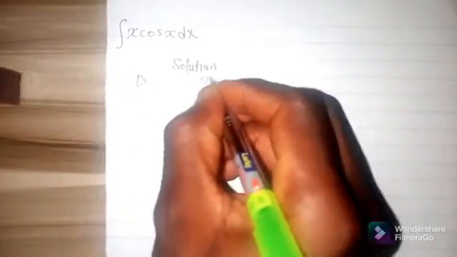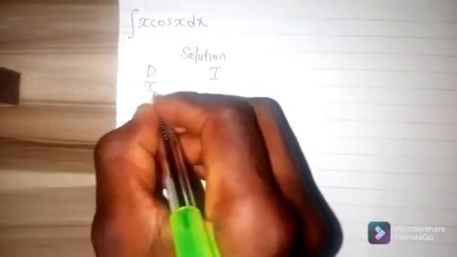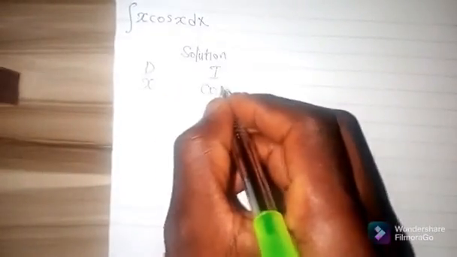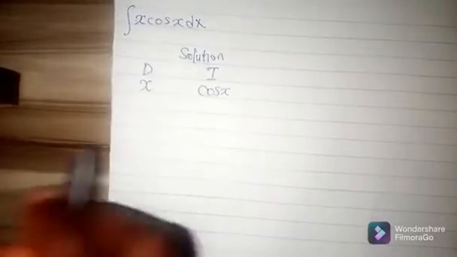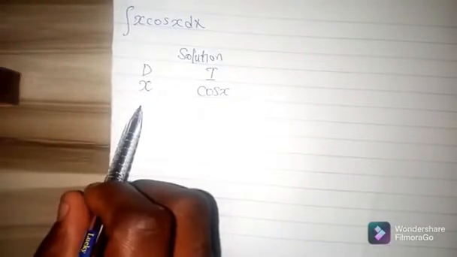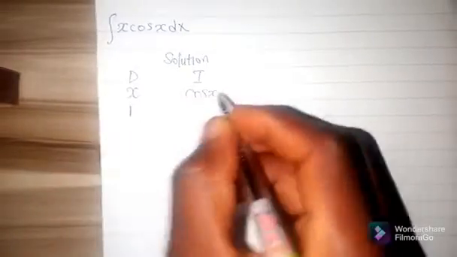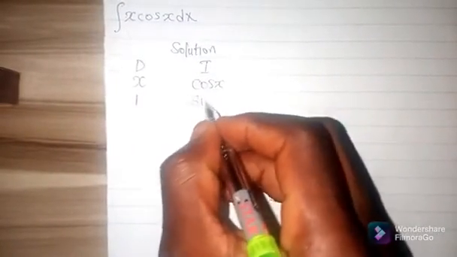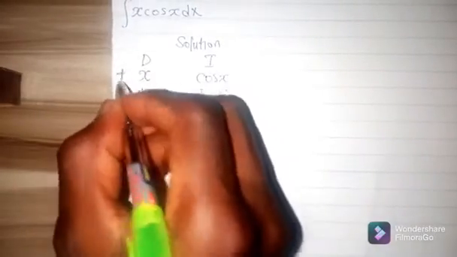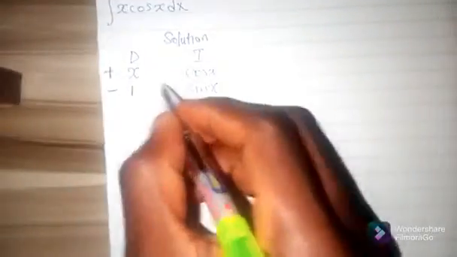Solution, DI. Now the question is, which one do you think you can differentiate here? I would love to differentiate x, and I would love to integrate cos x. Why? Because if I differentiate x, I will have 1, so that one is vanished. So let's differentiate to 1. If you integrate cos, you have sin x. Don't forget, we have plus, minus. What is the next thing?